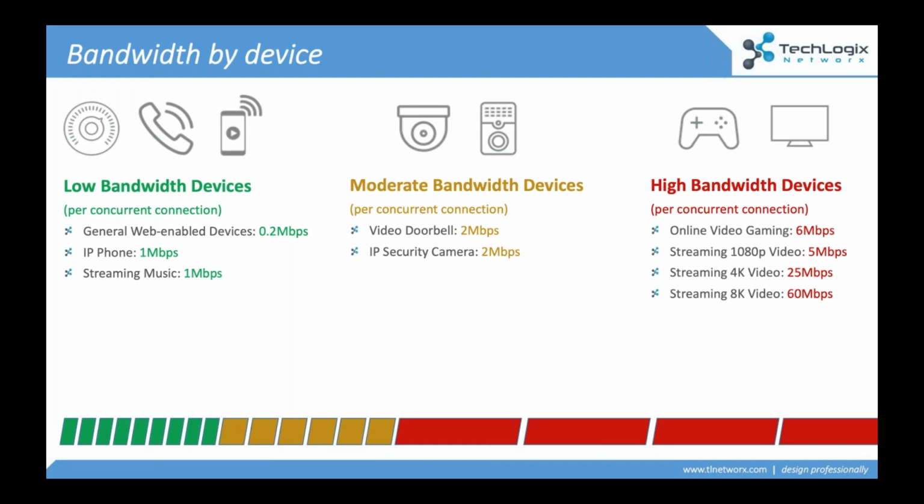Okay, Apple TVs, Rokus, smart TVs. This is where you have a very large impact on that network. We're seeing speeds exceeding 25 to 60 meg per concurrent connection, okay? And that's assuming it's at the minimum.